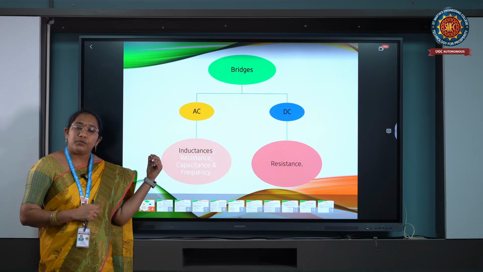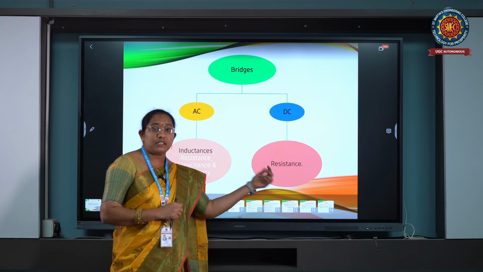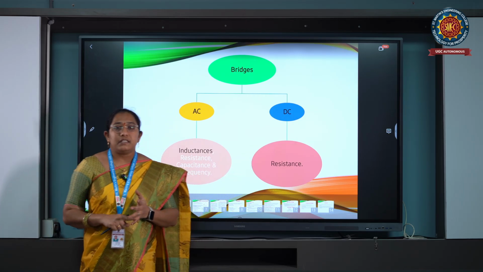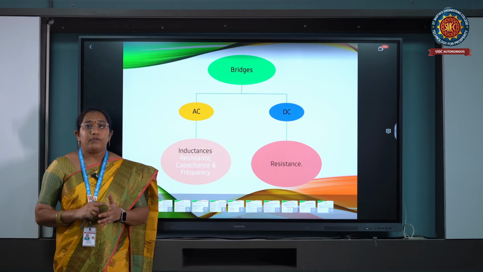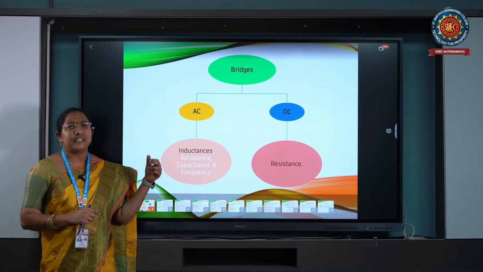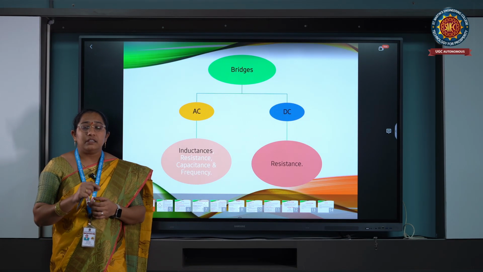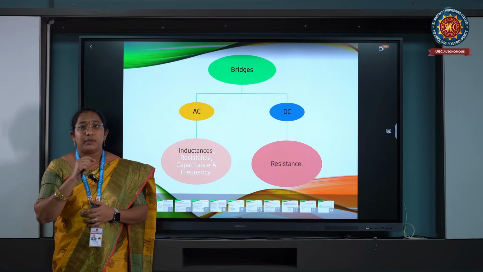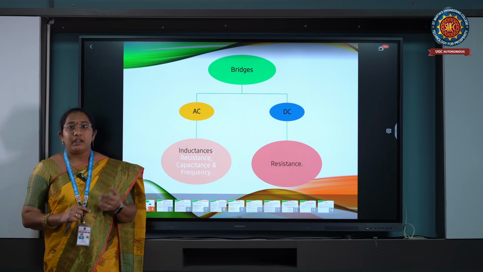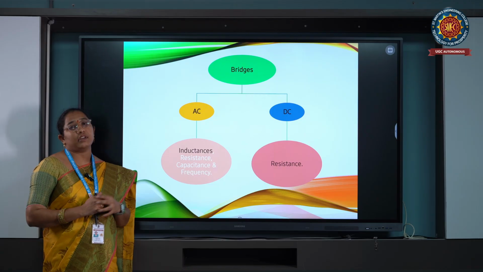Why do we not have these in DC bridges? In a DC system we have no frequency. In alternating current only we have frequency, because the AC system works based on the frequency. That is why here we have inductance, capacitance and frequency.